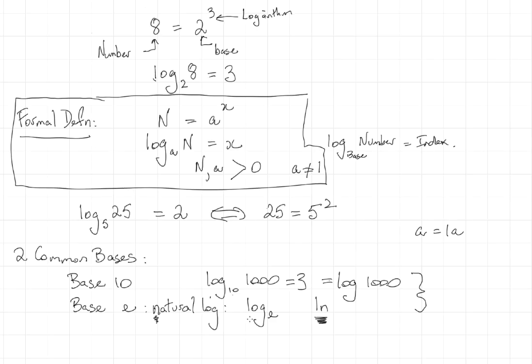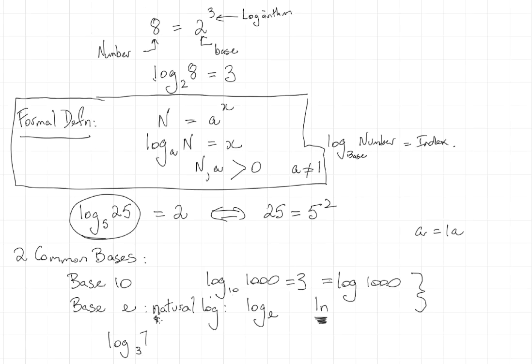I said you could have log to any base. Up here we've got log of 25 to base 5. Indeed you can. And it's possible to work out something like log of 7 to base 3. It is possible to work that out. What is the power you must raise 3 to get the number 7?